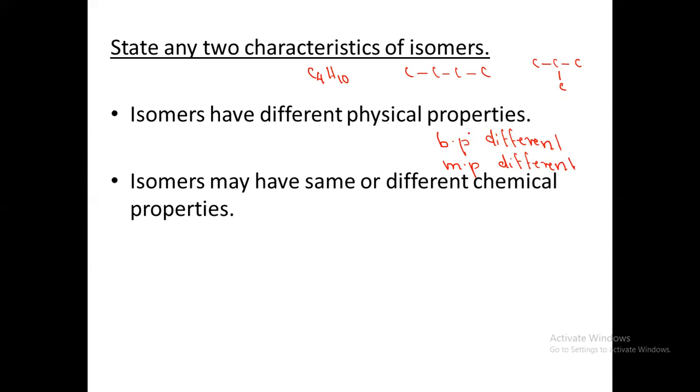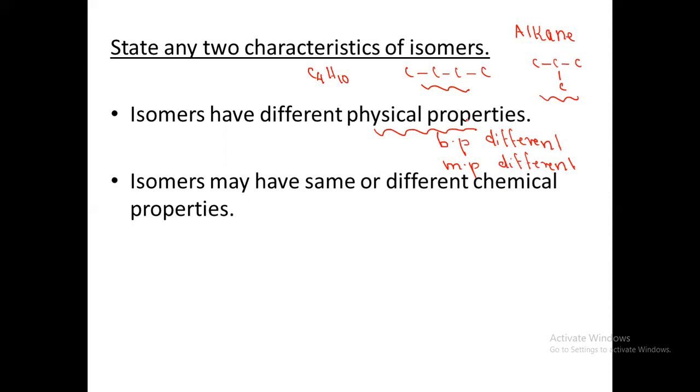Generally, melting point and boiling point come under physical properties. So instead of writing that melting point is different and boiling point is different, you can generally write that isomers have different physical properties. But both compounds contain only carbon-carbon single bonds, so they belong to the category alkane. So their chemical properties we cannot predict.